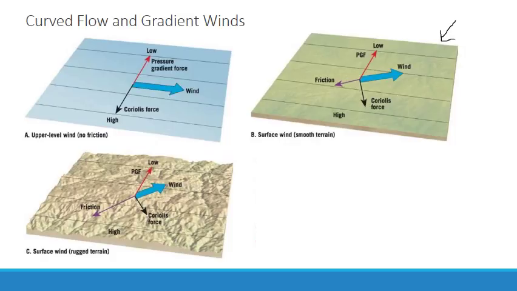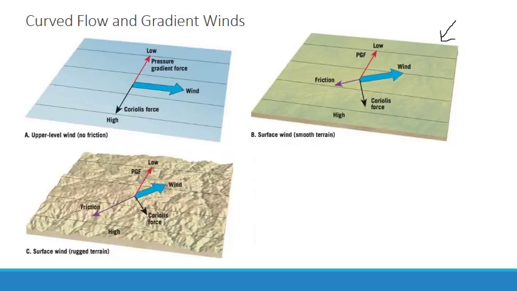In a cyclone, in which pressure decreases inward, friction causes the net flow of the wind towards the center. In an anticyclone, the opposite is true. Pressure decreases outward and friction causes the net flow away from the center. So the resultant winds blow into and counterclockwise about a cyclone and outward and clockwise around an anticyclone.